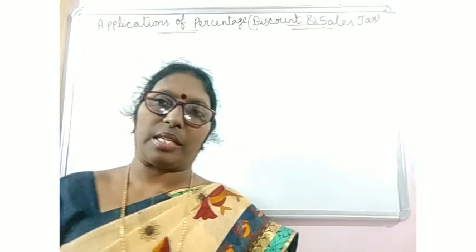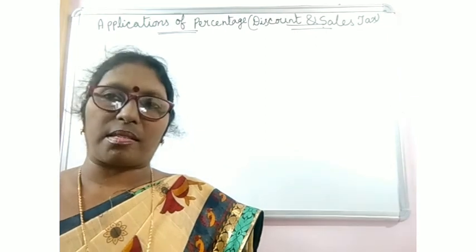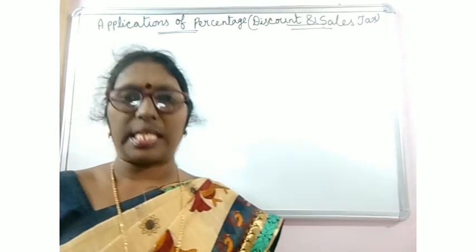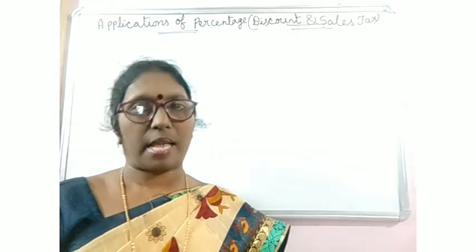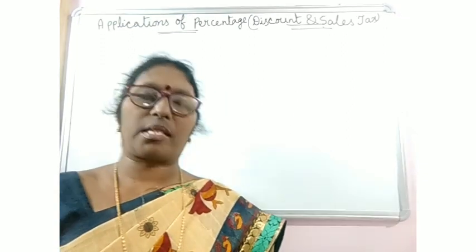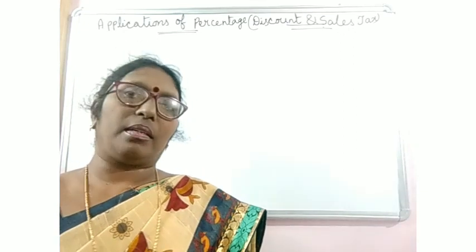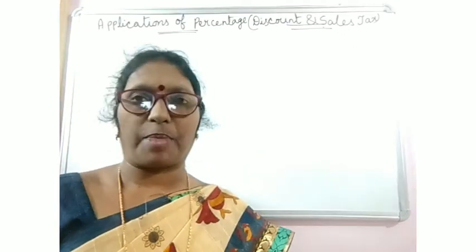So in this connection, let me explain what is marked price, and how to find discount, selling price and all. The price marked on the article is known as the marked price.